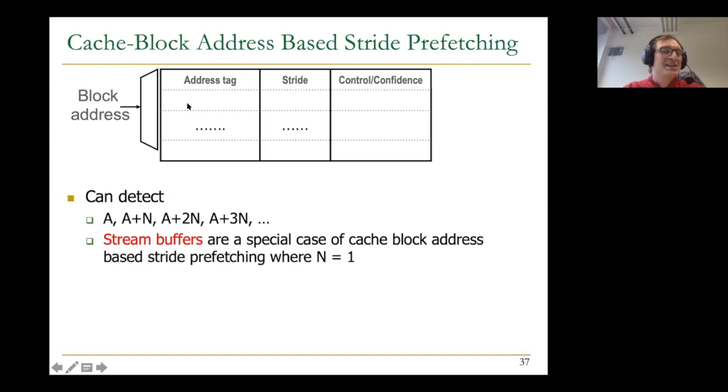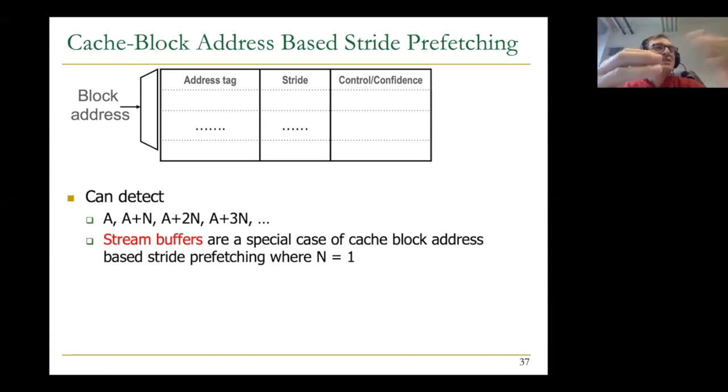Of course, there's a downside as well, which is you cannot distinguish things easily based on program counter. Program counter is nice, but here, let's assume that you keep doing A plus N, A plus 2N, A plus 3N, etc. At some point, you get to a memory region that may also be fetched by another address tag over here. So you start with A and B, and at some point they start overlapping with each other. That's possible.